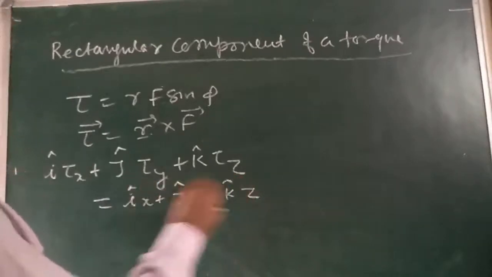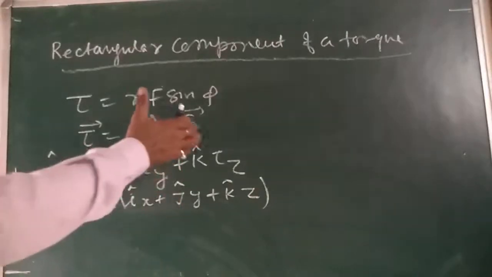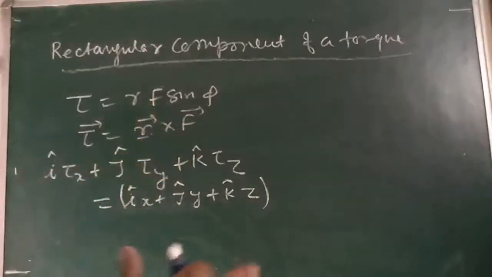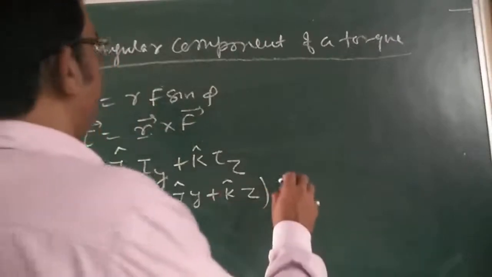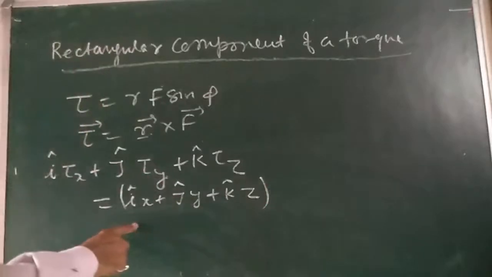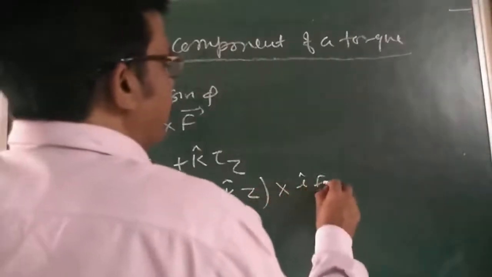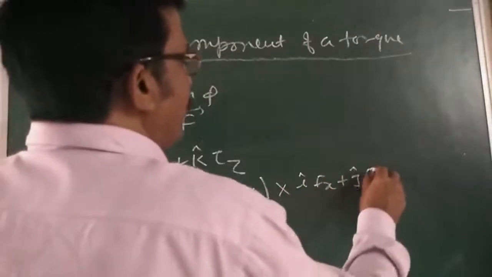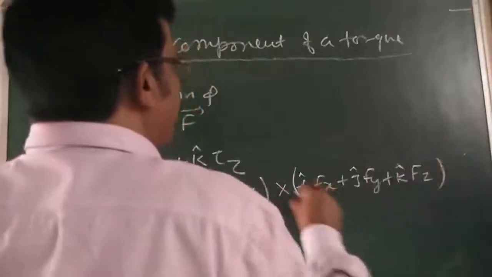These are the unit vectors. And this is the force, with components Fx, Fy and Fz: i Fx plus j Fy plus k Fz.